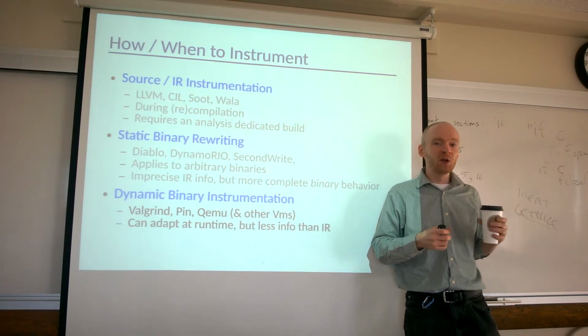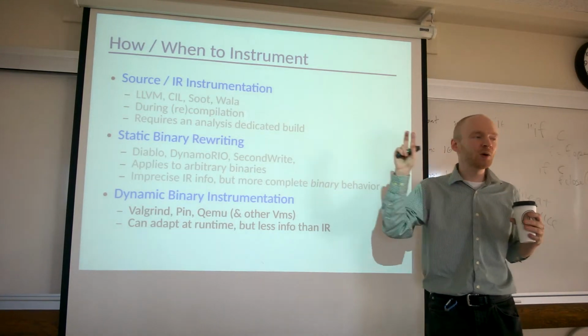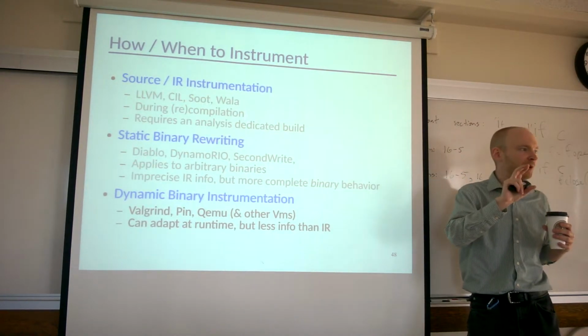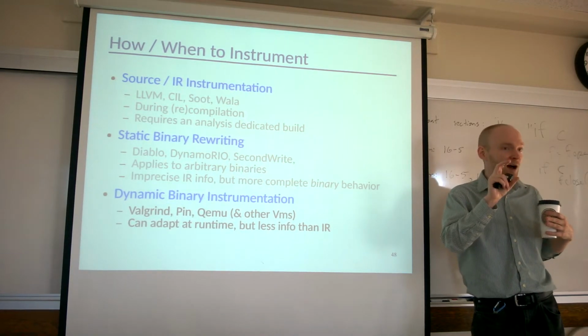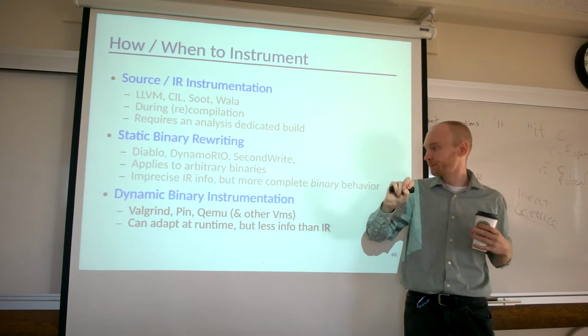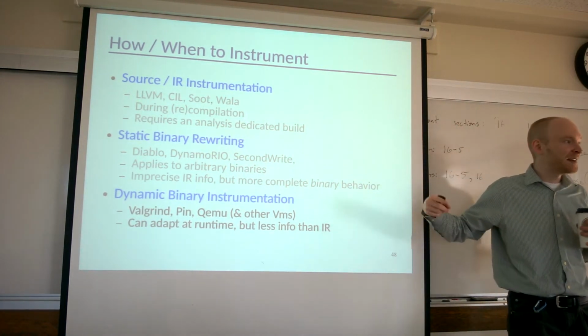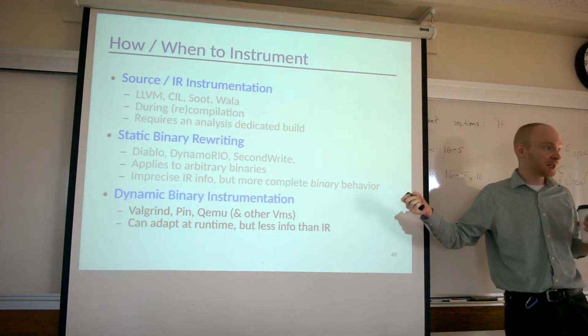And so when you encounter a new binary basic block, the program will say, okay, here's the set of instructions in that basic block. I'm going to analyze that, recompile just that basic block, generate new code for it, and execute that new basic block. So you're dynamically inserting code, but you're still always instrumenting before you execute.